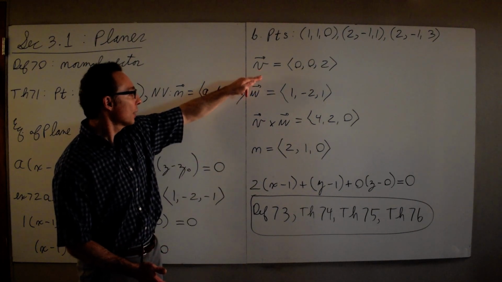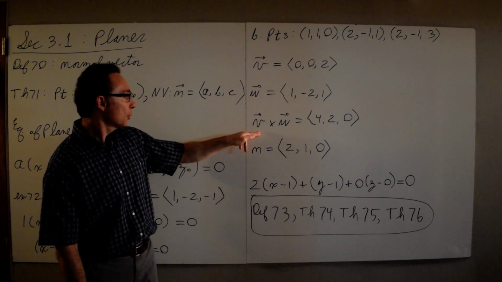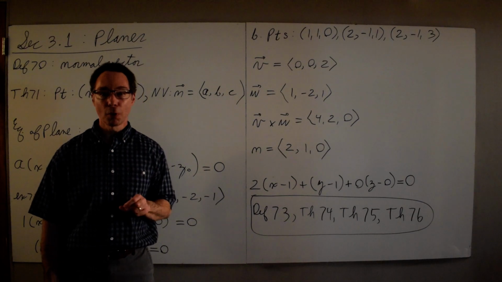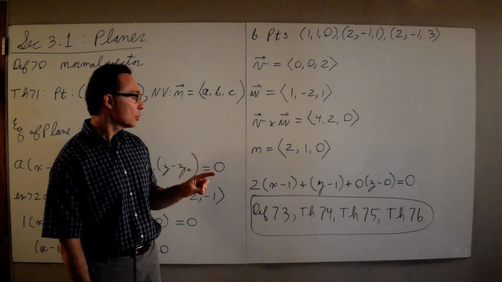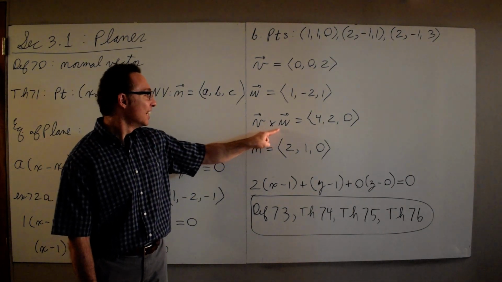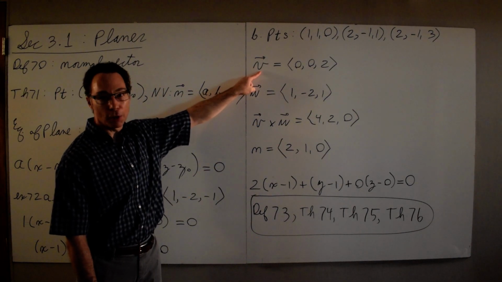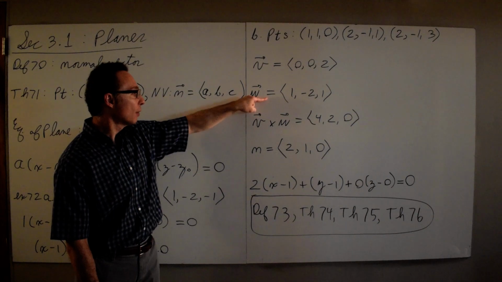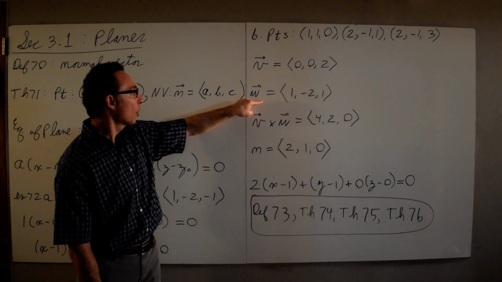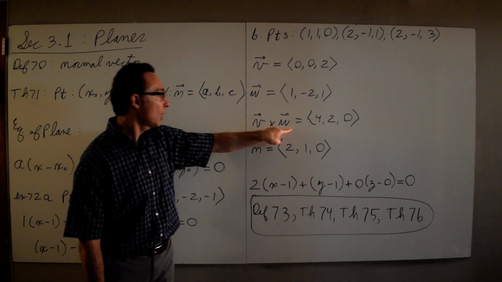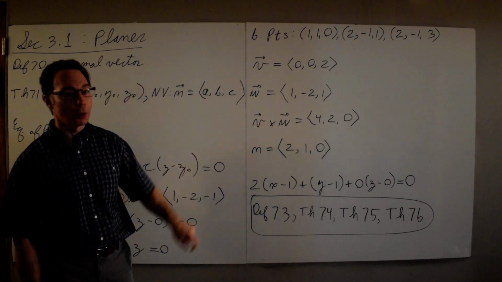So you find 2 vectors, then you take their cross product. Remember from the last section, the cross product of 2 vectors is orthogonal to both vectors. This vector is parallel to the plane, this vector is parallel to the plane, and this vector is orthogonal to both of these. So now we have a vector that's orthogonal to the plane.